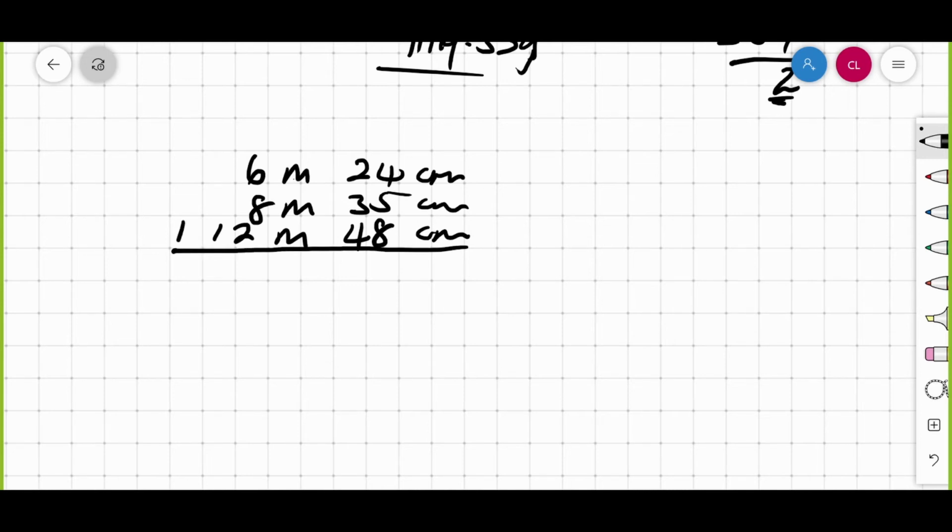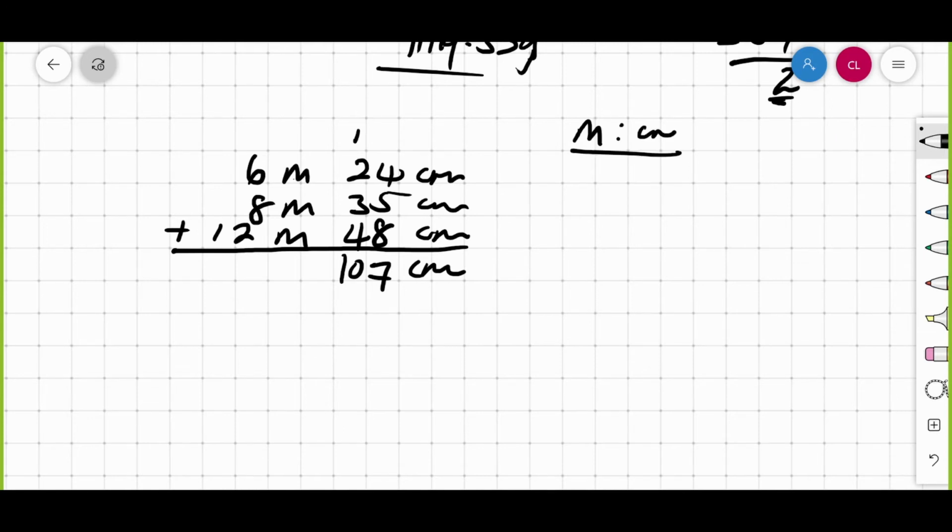So we're going to add these. 8 and 5 would be 13, and 4 would make 17. So this is 17. Carry 1. 4 and 3 would be 7. 7 and 2, 9. 9 and 1 would make 10. This would be 107 centimeters on this side.